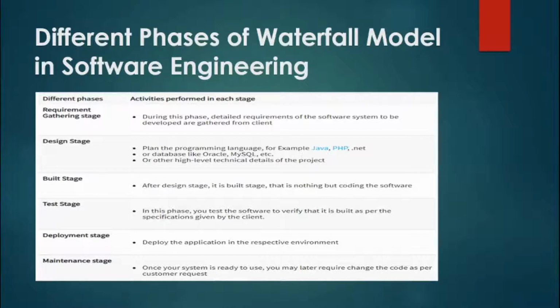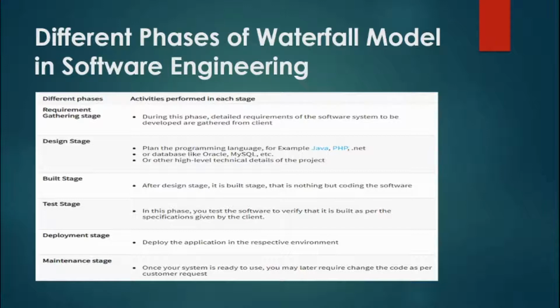The second phase is the design stage. In this phase, the product architects decide what programming language or technology to use, for example Java, PHP, or .NET, and about the database also, what kind of database we require, like Oracle, SQL Server, or any other high level technical detail.